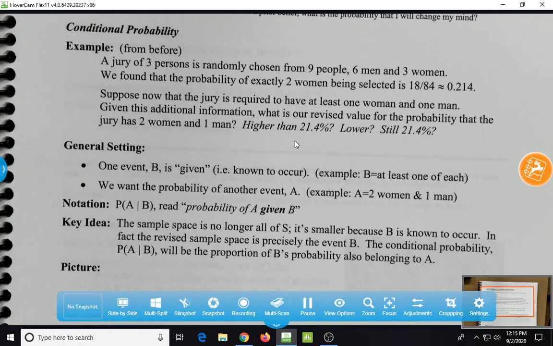Rather than finding the probability of A in the whole sample space, we would only want B to become our sample space, and we want to know what the proportion is of A within that sample space. In some sense, we're restricting the sample space down and now trying to figure out the proportion of A given B. All right, so that's the picture that we have there.